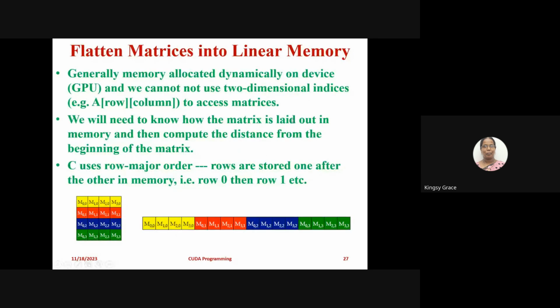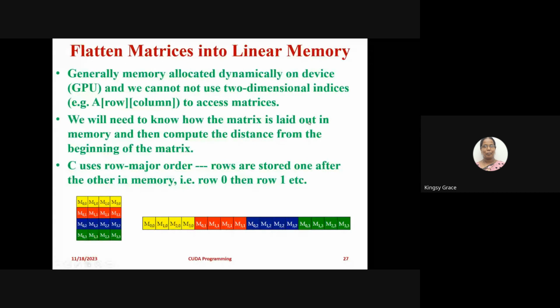You know that a matrix is represented either row major or column major. Here we have one two-dimensional matrix, and it is represented as row major. Likewise, the threads and the blocks are arranged. One more thing: usually the memory is allocated dynamically on the GPU.